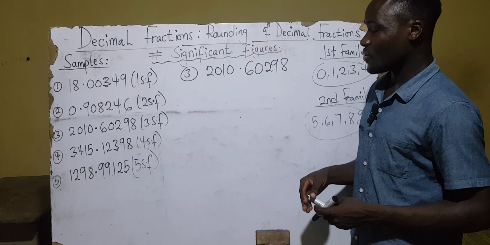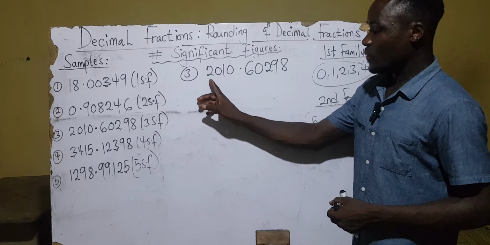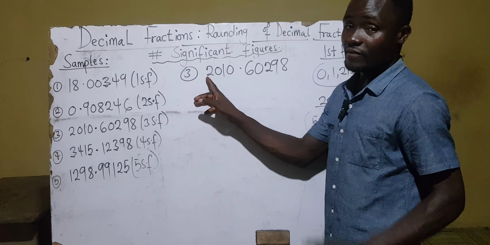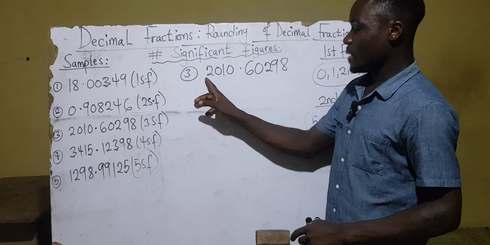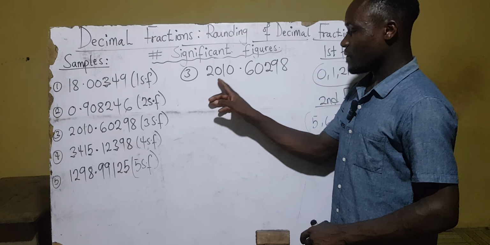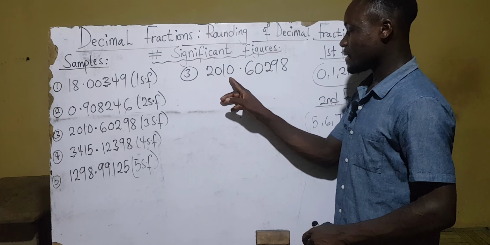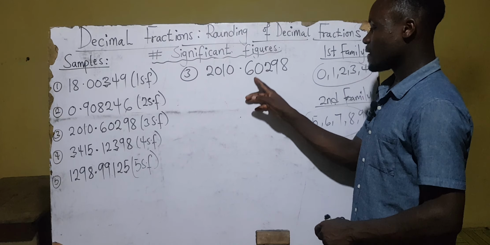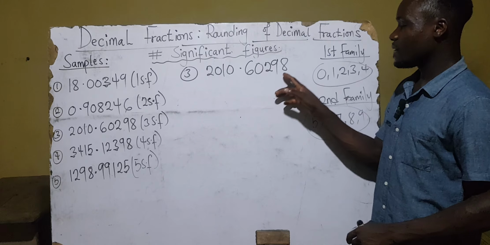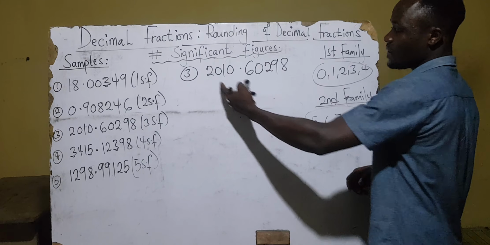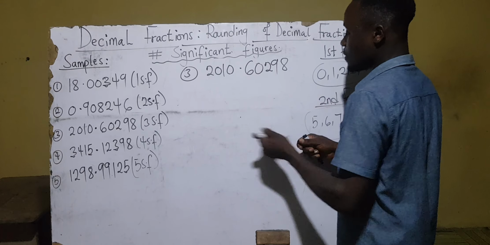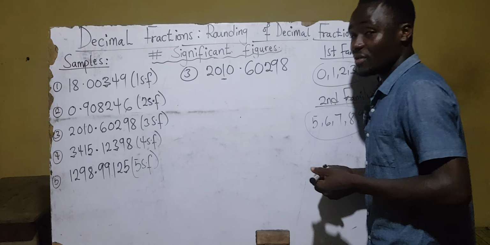We start from here because it is significant figures, not decimal places. So starting from here, we have 1 SF, 2 SF, 3 SF, 4 SF, 5 SF, 6 SF, 7 SF, 8 SF, 9 SF. So which of these digits lies within the 3 SF position? It is the digit 1 here. I believe you got it right.